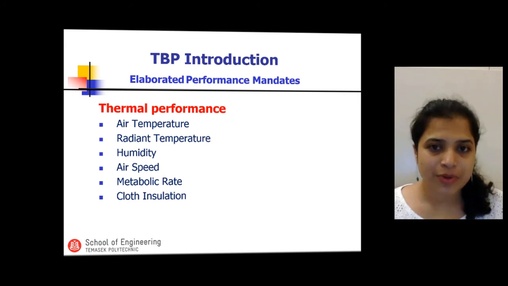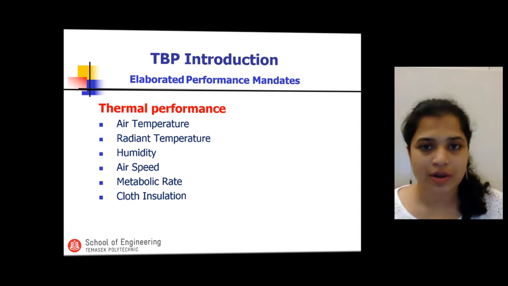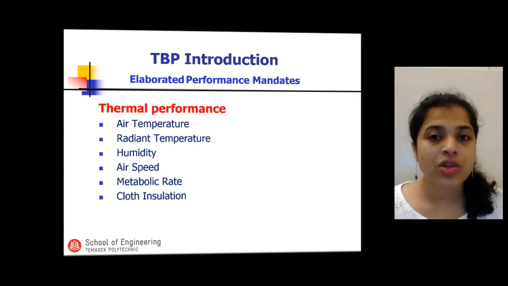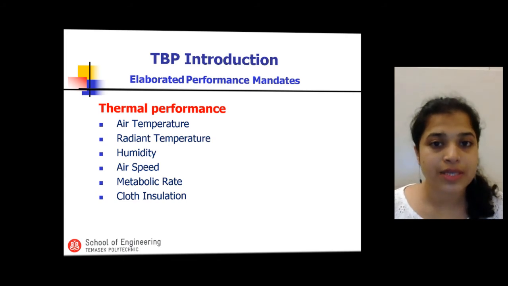This air temperature is very important in thermal comfort. Now, what is the difference between air temperature and radiant temperature? The word radiant comes from radiation. Radiation we feel from the sun, right? We receive radiation from the sun.